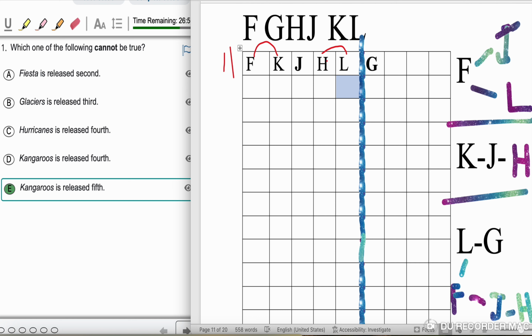So I can go L, H. The bold ones are not going to be able to move, like J, because J has to be before H. G is not going to be able to move because it has to be after L. So now we have these variables to work with. Let's go ahead and answer another question.